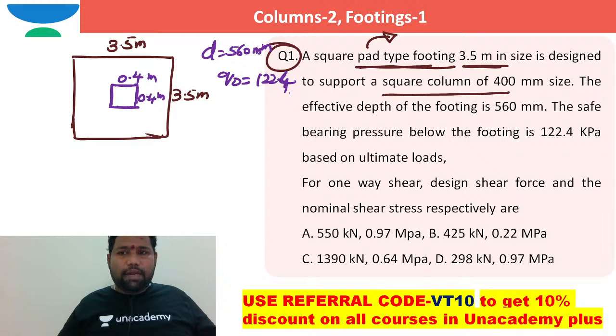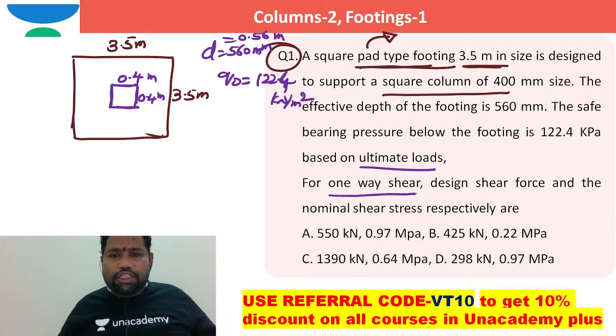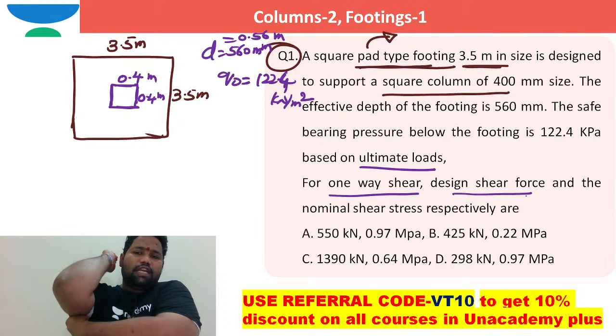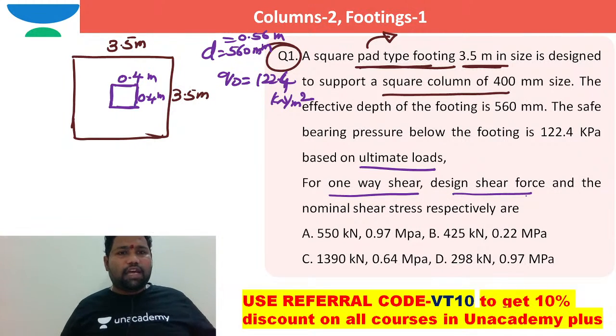Pascal is Newton per meter square, kilopascal is kilonewton per meter square. So in this case, the depth is 0.56 meter. Now this pressure is based on ultimate loads. For one-way shear, design for one-way shear: find the design one-way shear force and the nominal one-way shear stress. That is what they are expecting.